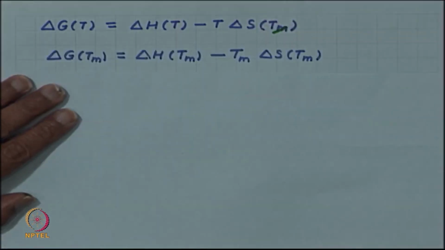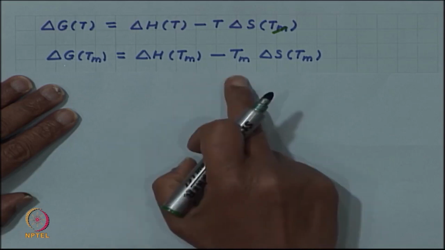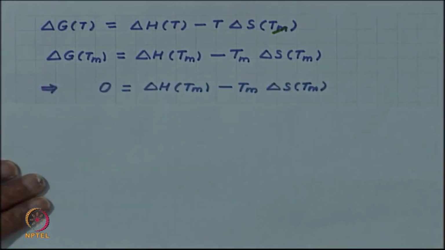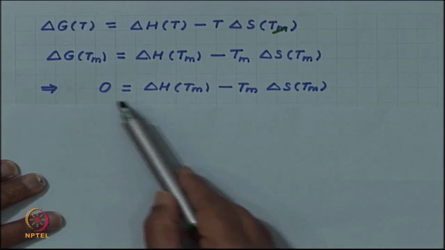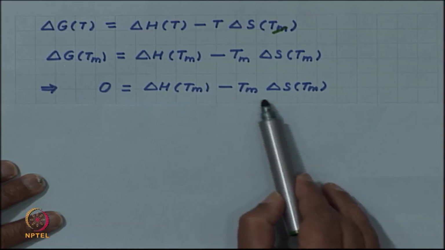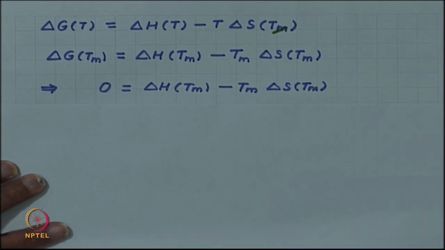If we evaluate these quantities at the melting point, then we have delta G Tm is equal to delta H Tm minus Tm delta S Tm. But we have seen delta G Tm is 0. So, we can write 0 is equal to delta H Tm minus Tm delta S Tm.